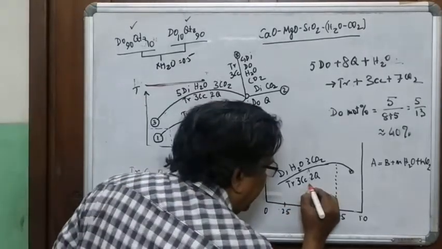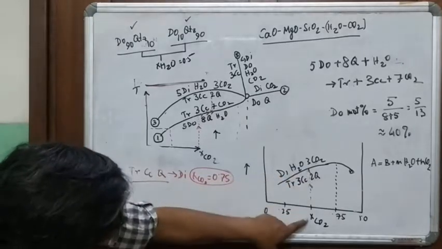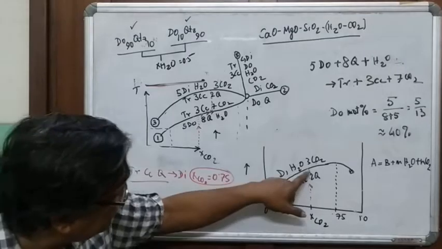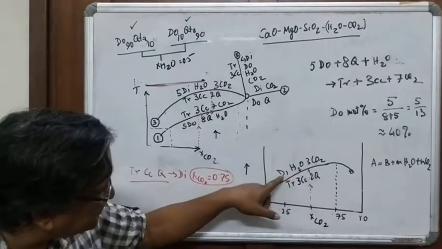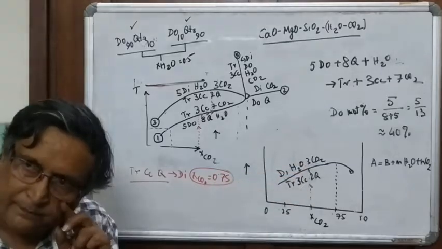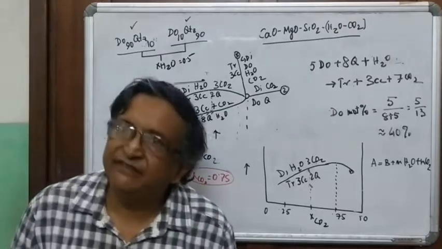So for the rock before we reach here, XCO2 is 0.5. But when we reach here, CO2 is produced with a fluid where XCO2 is 0.75.